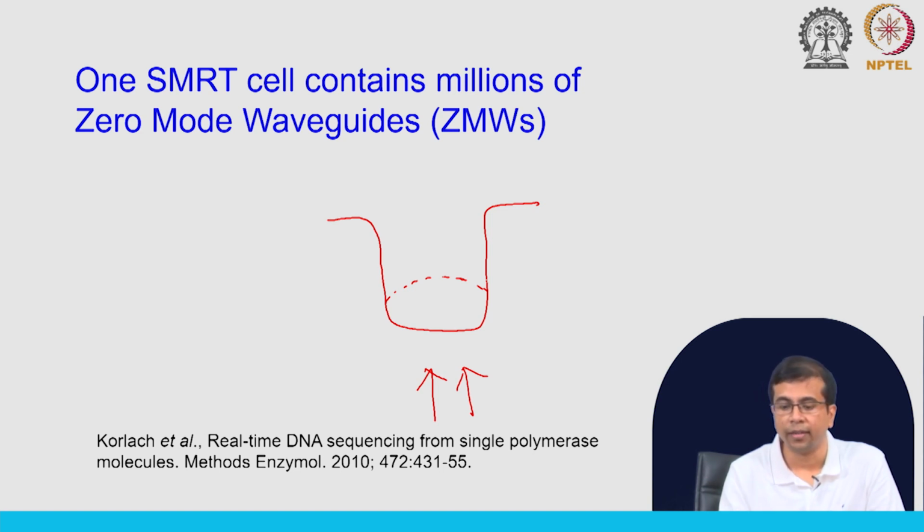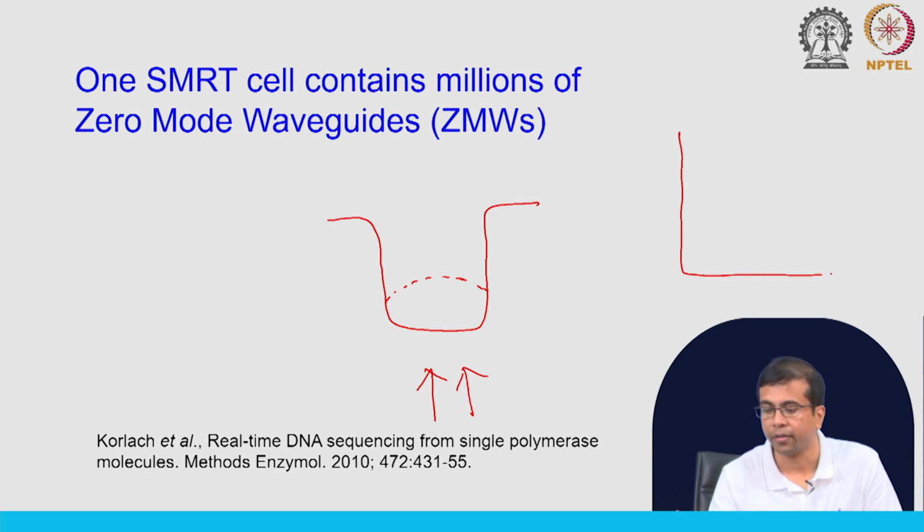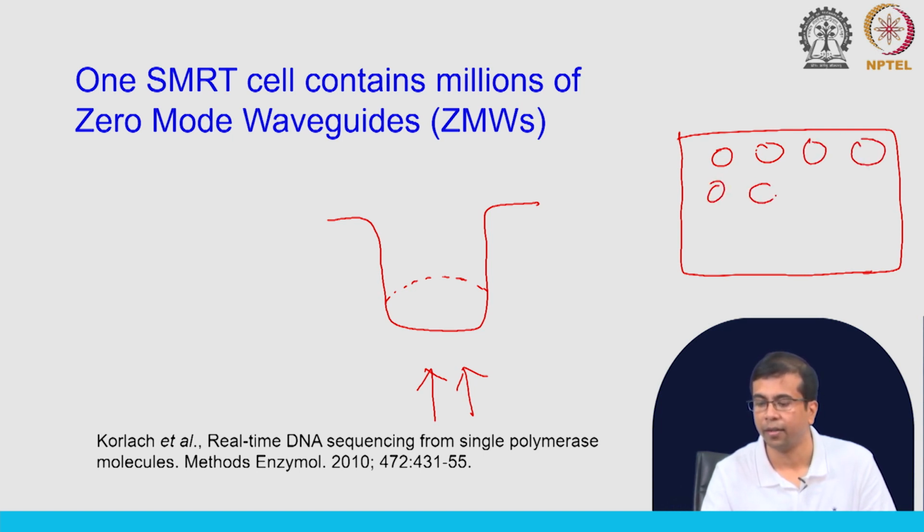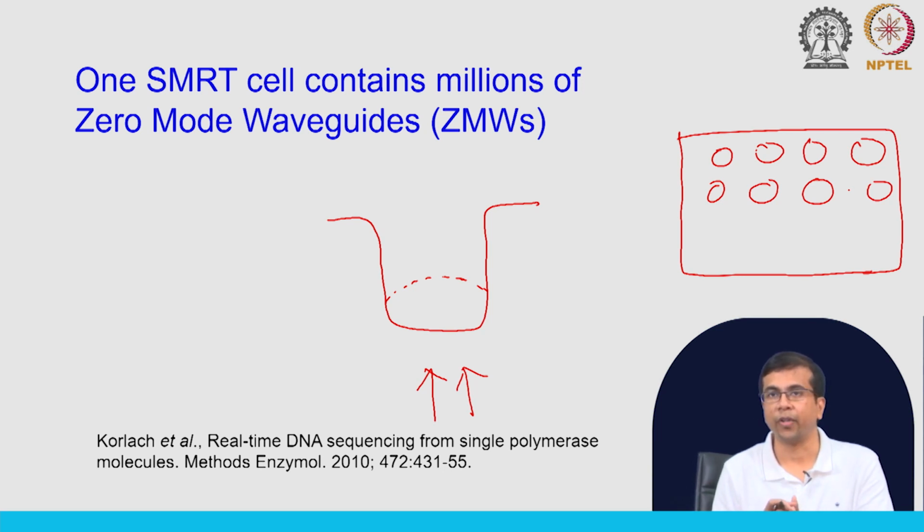And in the SMRT cell, we have millions of such zero mode waveguides. You can imagine, if you look from the top at all these wells, we have millions of them in the SMRT cell. Which means we can do this sequencing for millions of molecules in parallel inside one SMRT cell.